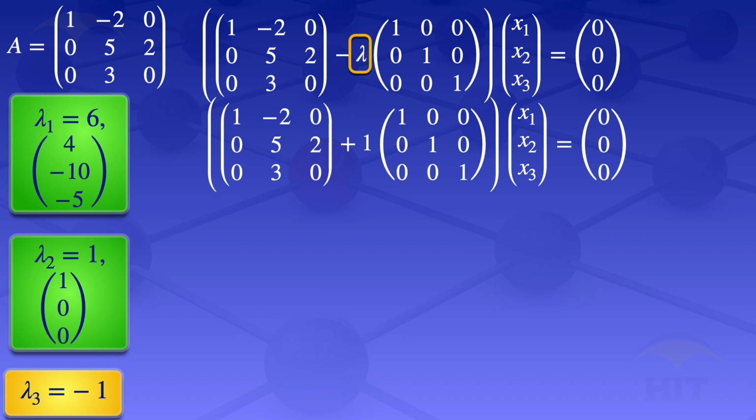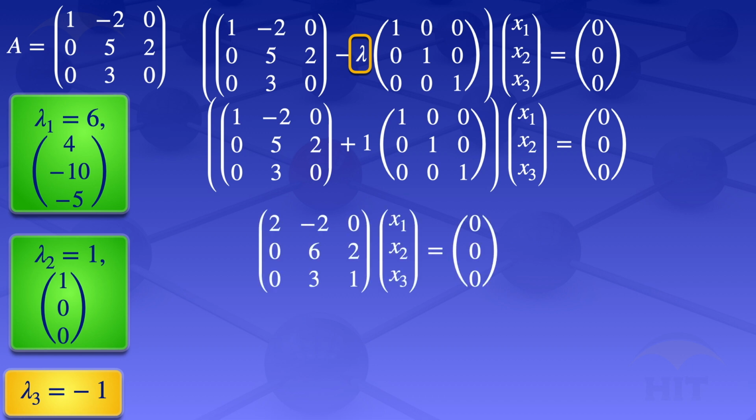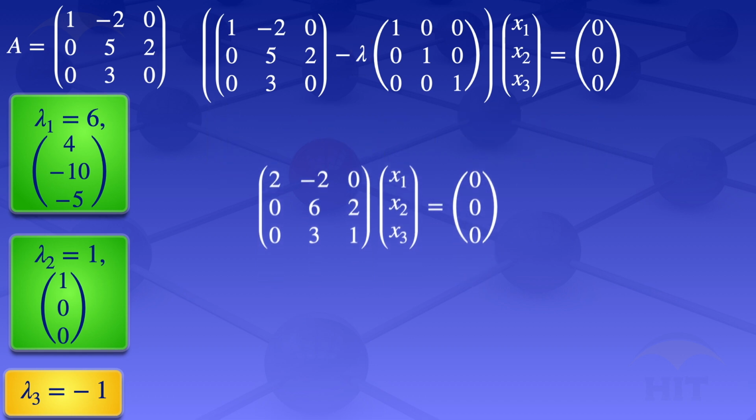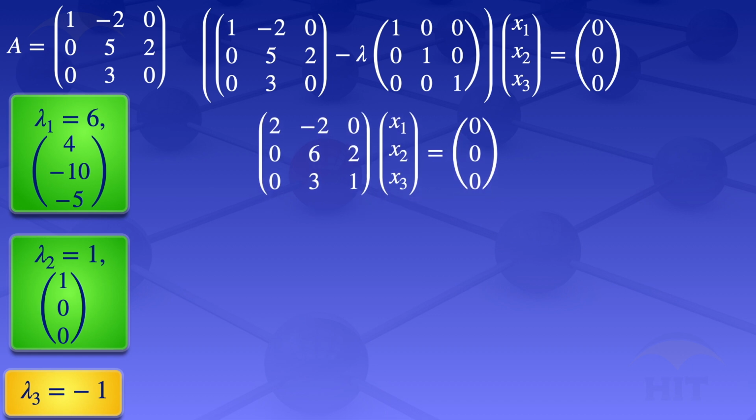So what it will result in there is adding 1 on elements which are on the diagonal of the matrix A. So if we add 1 on the elements on the diagonal of the matrix A, we would have 2 minus 2, 0, 0, 6, 2, 0, 3, 1 multiplied by the vector x is equal to the 0 vector.